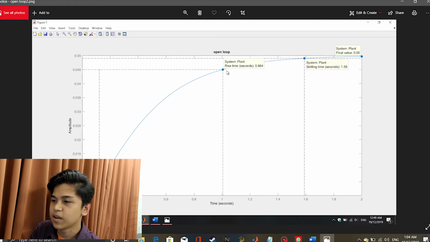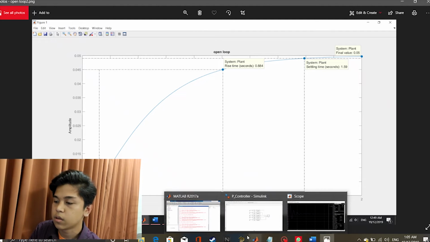In open loop, the rise time and the steady state error are much higher. So when we apply the P controller, the rise time and the steady state error will reduce. That's why we need to apply the P controller.